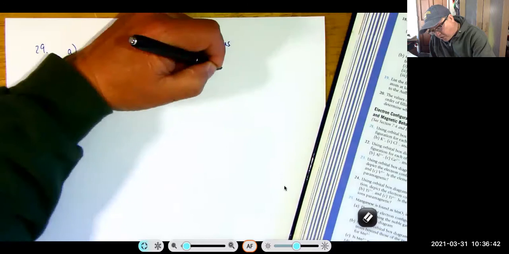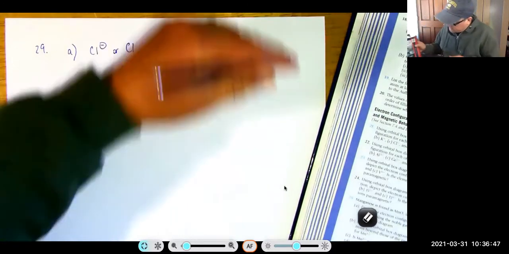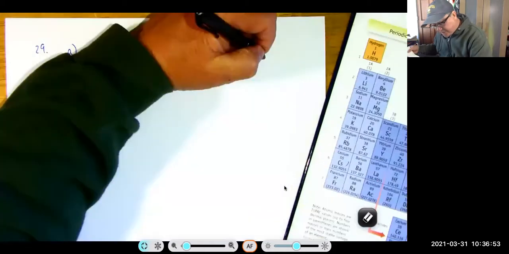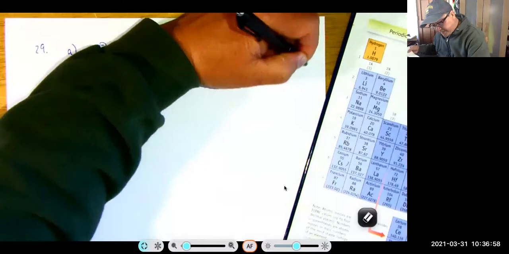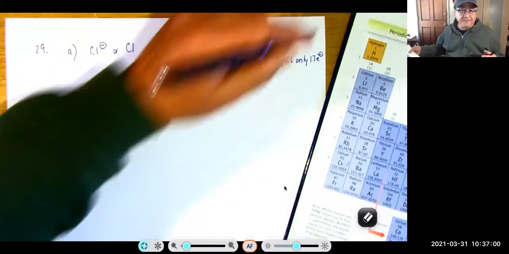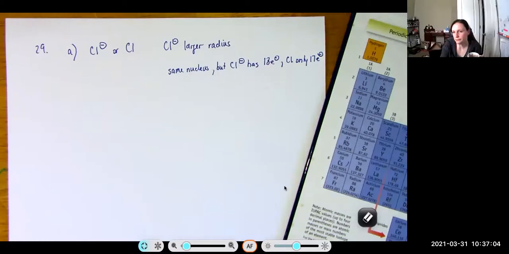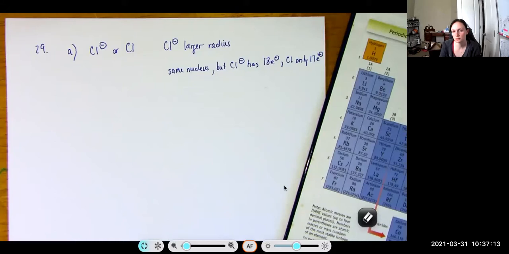But chlorine is element number 17, so chloride has 18 electrons, chlorine only 17 electrons. Do you remember how I said that electrons are pushing each other around? So 18 electrons are going to push to be a larger radius than 17. And it's significantly larger.